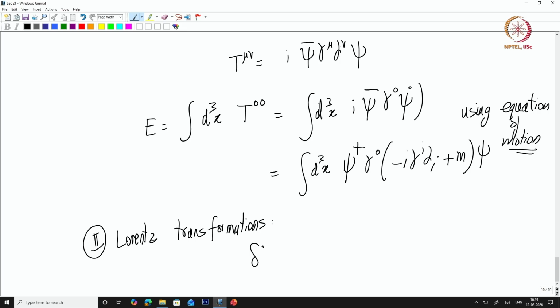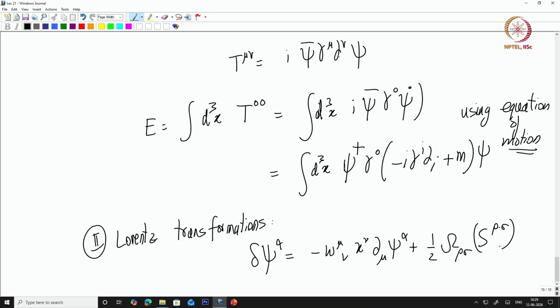Delta psi in this case would be minus omega_{mu nu} x^nu ∂^mu psi_alpha plus 1/2 omega_{rho sigma} (S^{rho sigma})_{alpha beta} psi_beta. This is the first term.